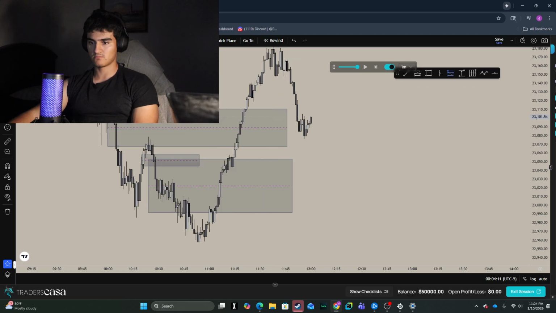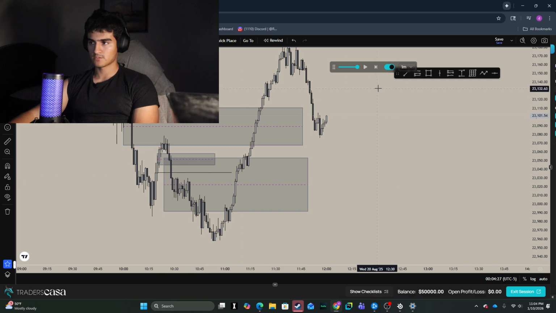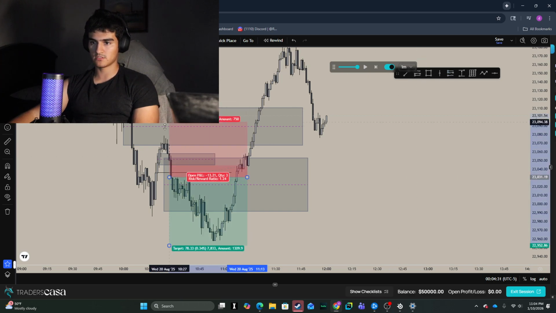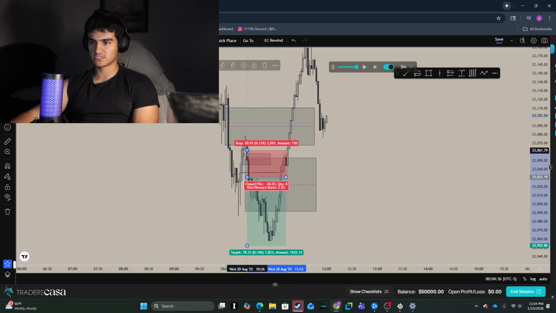This 2-minute bullish candle ended right there. So I would have put in my short on the 1-minute right there, aiming for this right there.